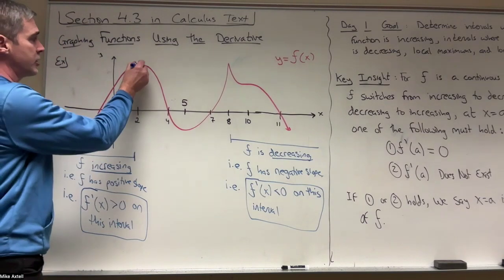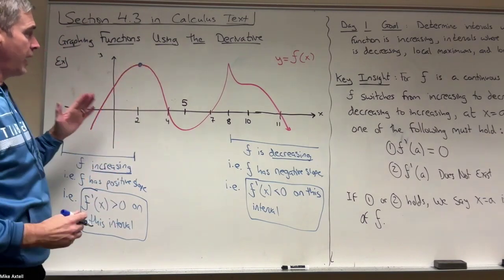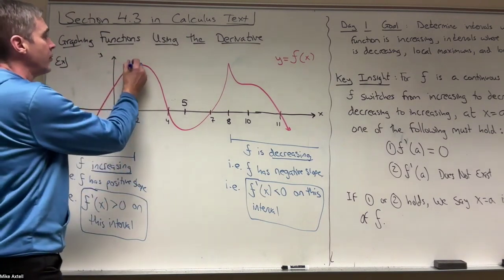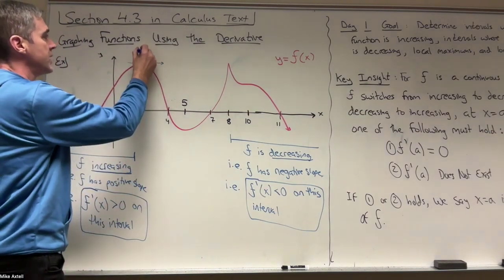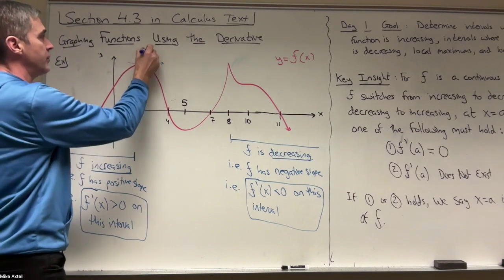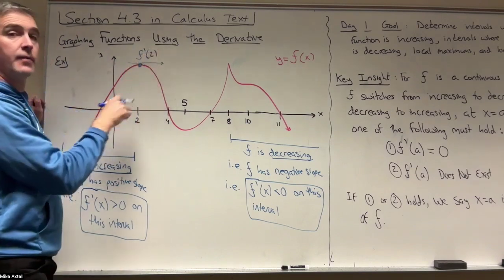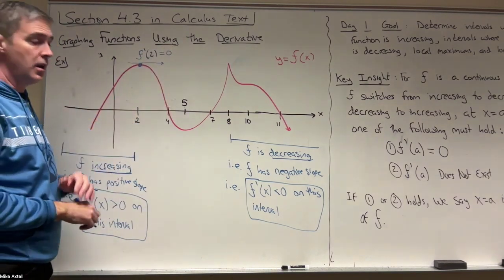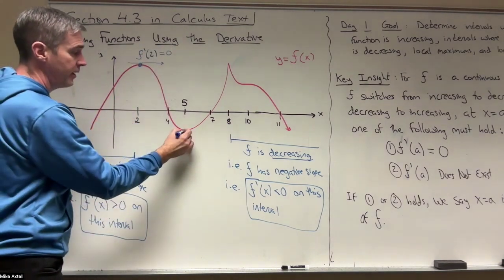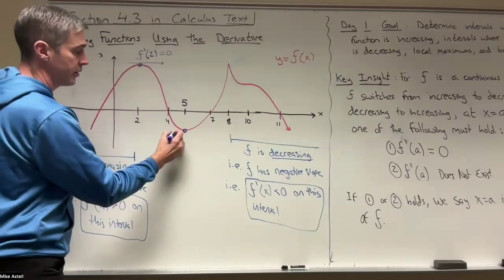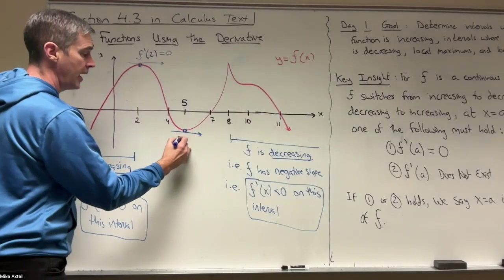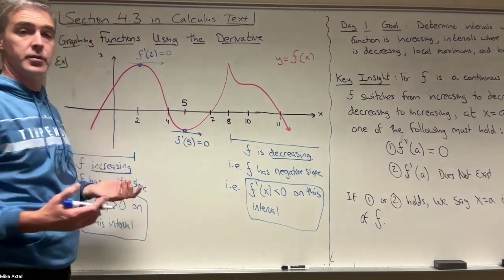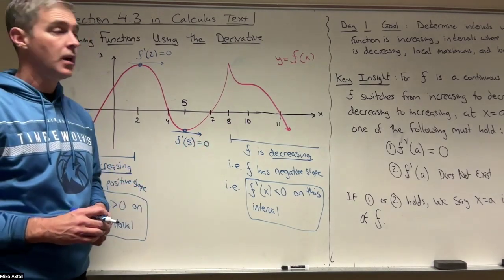So right here at 2, the graph is switching from increasing to decreasing. And right here, what's interesting is the derivative, f prime of 2, the slope of the tangent line, is equal to 0, right? And right down here at 5, where we go from decreasing to increasing, I note that the tangent line slope, or the slope of the graph, is also 0, all right?